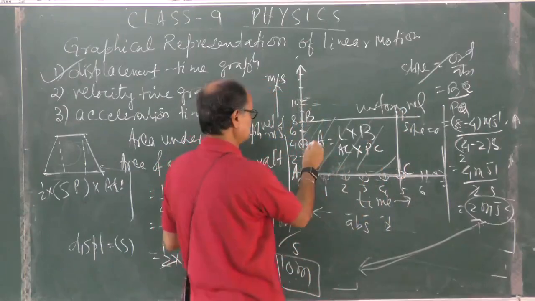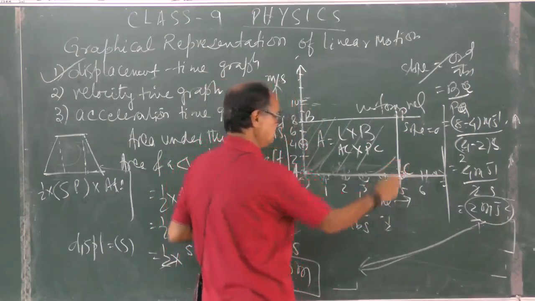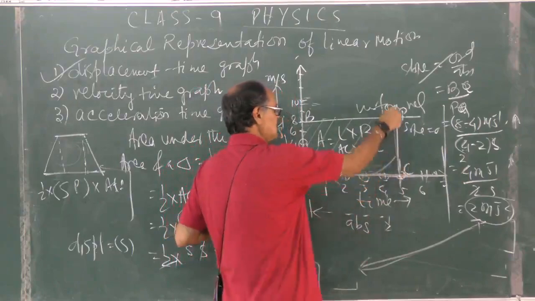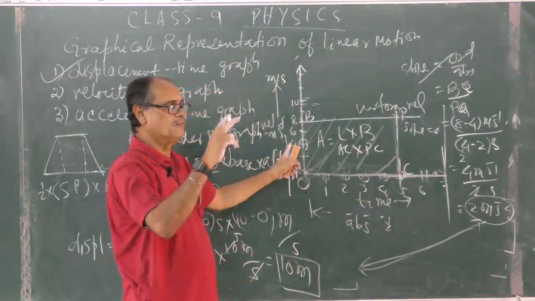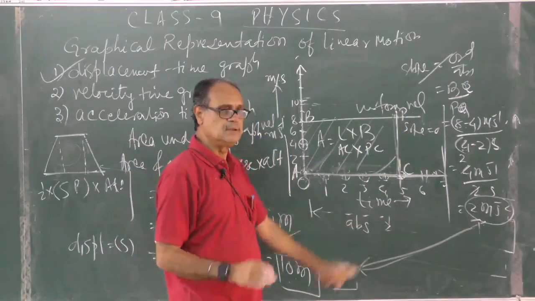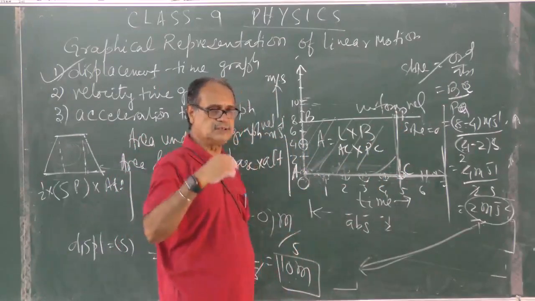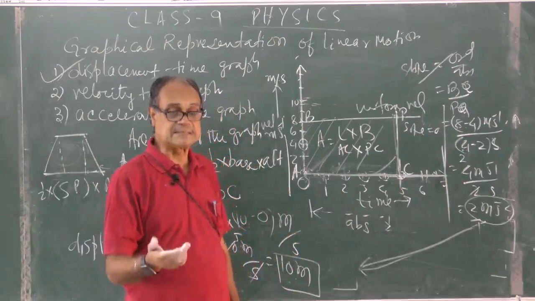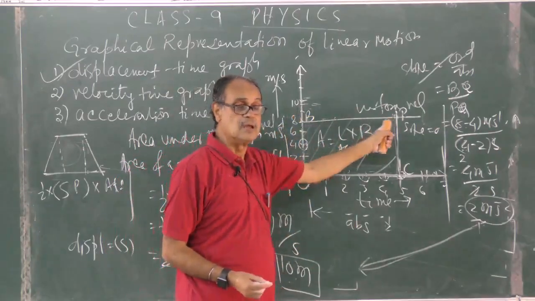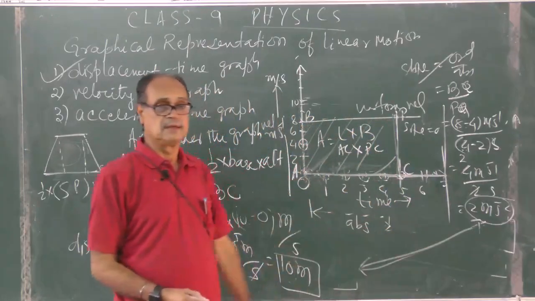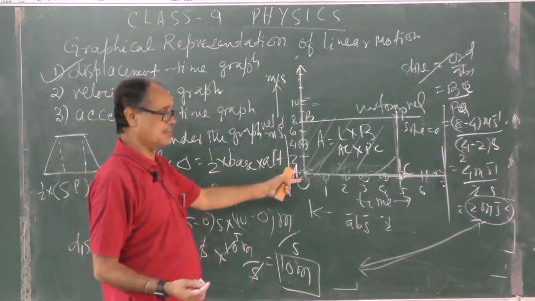So what will be the length? Length is time. And what is the PC height? That is the breadth. What is it? It is velocity. So velocity into time is equal to displacement for uniform velocity. So that way also you can get the support of that.